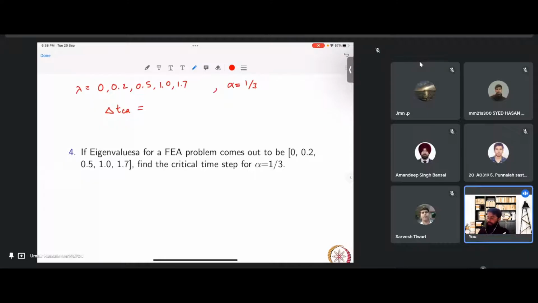If someone would tell, then I'll have to look up the notes and see. I think these types of little calculation problems would be asked in the exams.